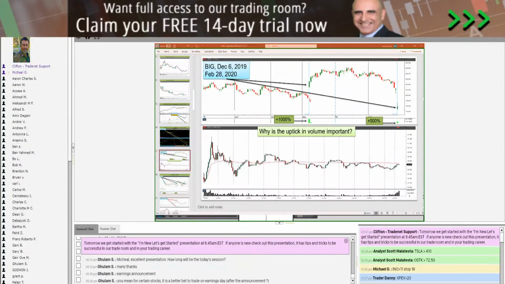Now, on December 6th, the stock gaps up, let's say in this case, 20%, and the volume picks up 1,000%. Now, my business will be probably to trade this intraday chart, intraday bar. And maybe I will continue trading it for another day or two, but at least the first day.